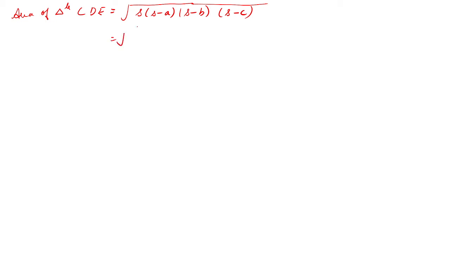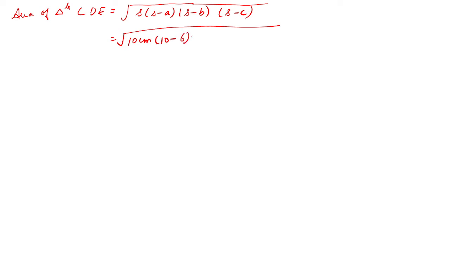So area of triangle CDE is nothing but, you put the Heron's formula, root of s into s minus a, s minus b, and s minus c. What is your s that you got there? Your s is 10 centimeter. 10 minus, what is your a?